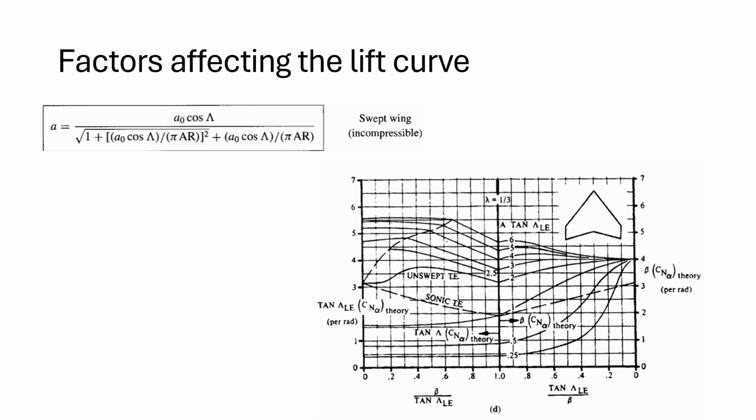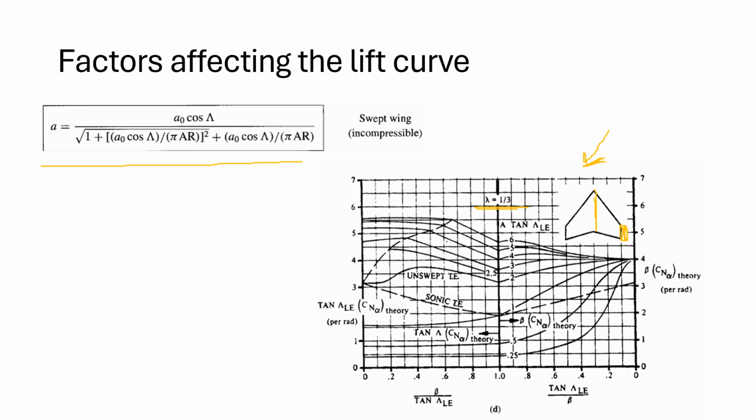All right. Now for swept wings, this is the equation for subsonic, and for supersonic, as we did in the first exam, we use these plots, right? So you have the lambda, which is the ratio between the tip chord and the root chord, which is lambda, right?